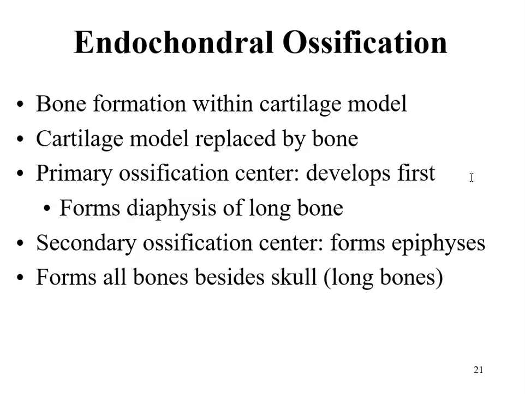And these then go on to form those epiphyses. Endochondral ossification forms pretty much all the bones besides what's found in the skull. So this includes all of our long bones, all the bones of the limbs, like the femur, the humerus, and the tibia.